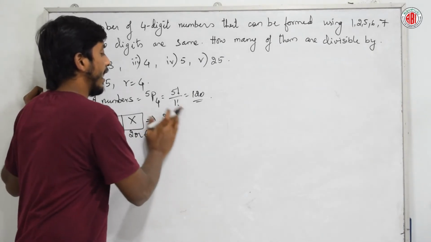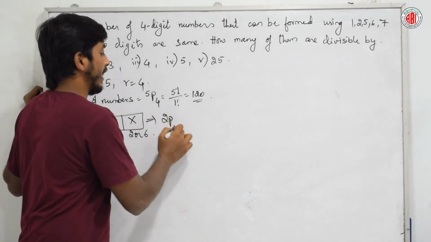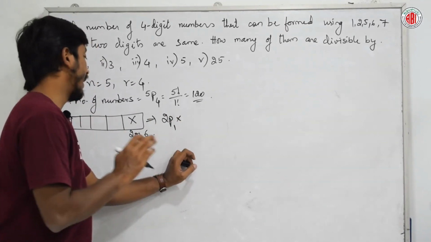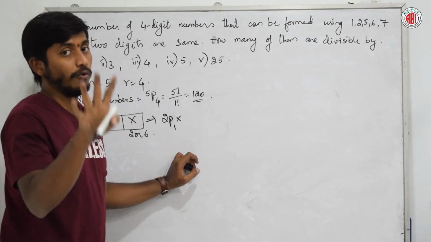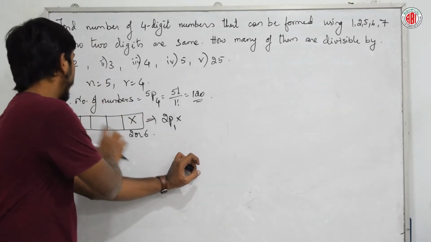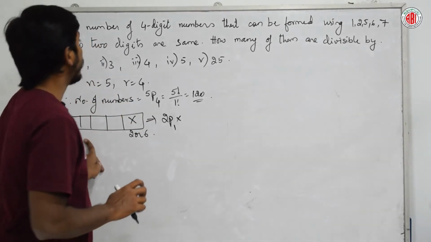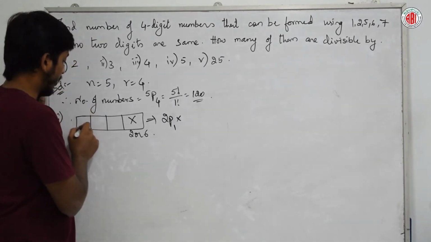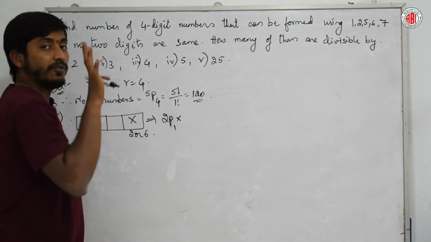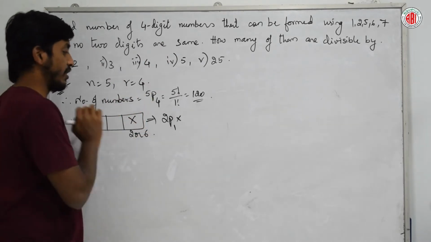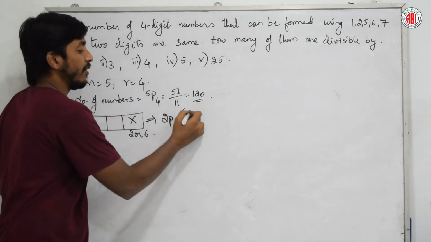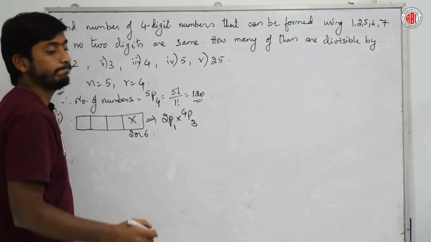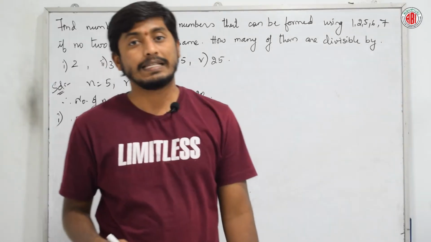Out of 2 elements, I will arrange 1, which is simply 2P1. Sorry, it is only a 4-digit number, right? I will be left with 4 more digits and 3 positions. So the number will be 4P3. Any question? Is it right?